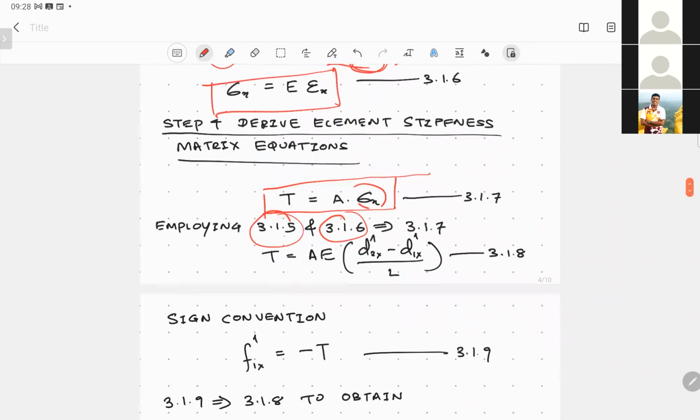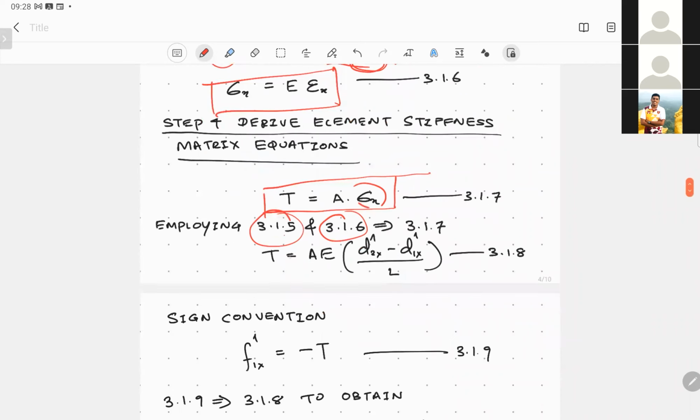So T, the tensile force, is equal to the cross-sectional area times the modulus of elasticity times the total strain in the x direction, which is given by this term.